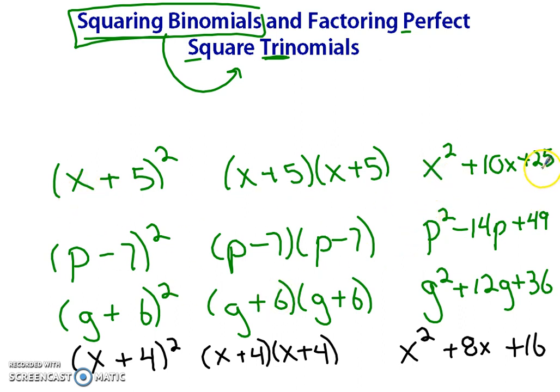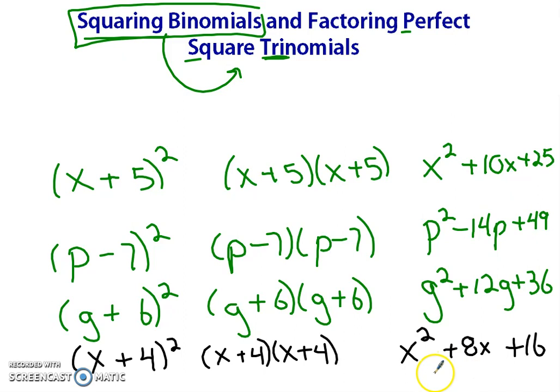At the end, I'm going to have 5 because 5 squared has got to give you 25. Okay? And then over here, p, because we have p squared over here, we're going to have p. Because we had a 49, we're going to have a 7. It's going to have to be a negative 7 because these things add together to get negative 14. Okay? So here's what I'm noticing.